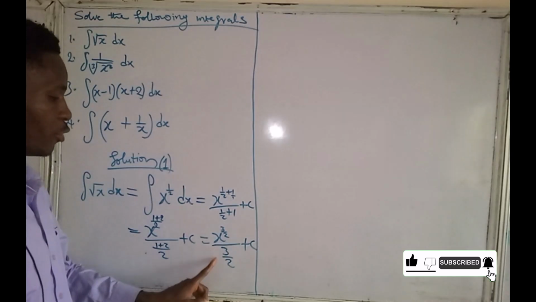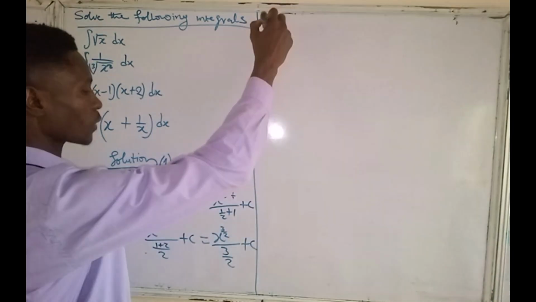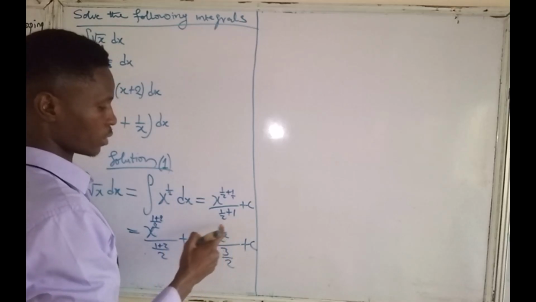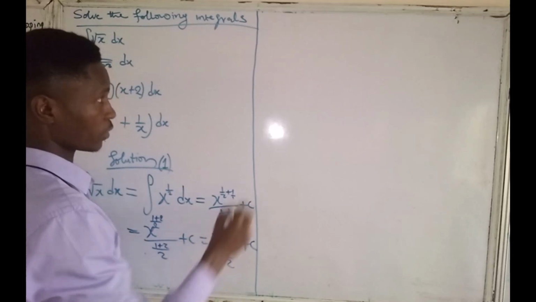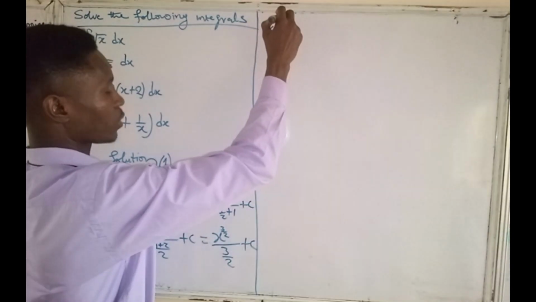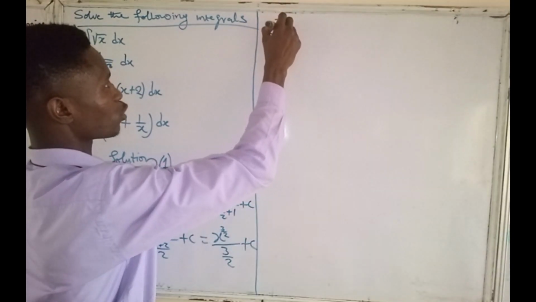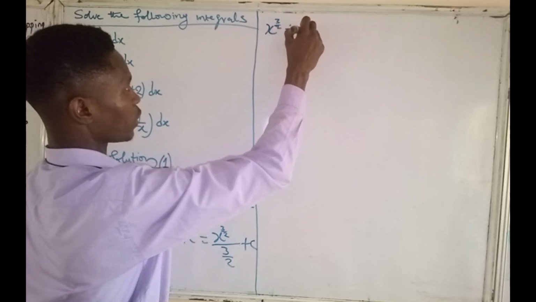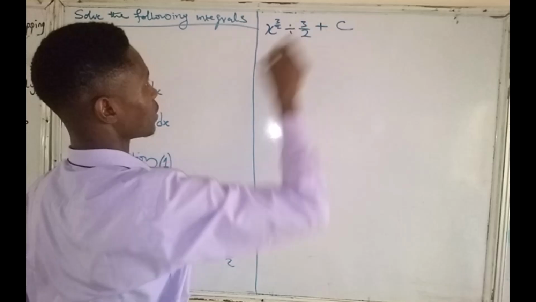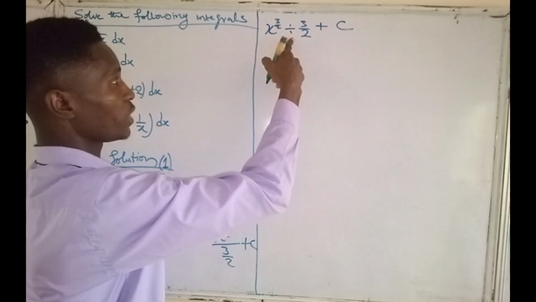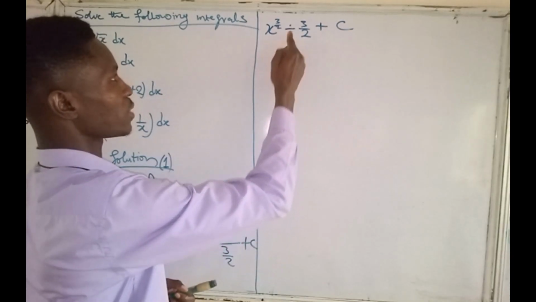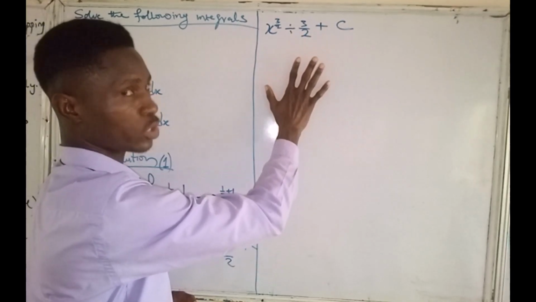Now we can resolve this by saying x raised to the power of 3 over 2 is dividing 3 over 2 plus c. According to the law of indices, it's called the reciprocal law for change of sign between division and multiplication.